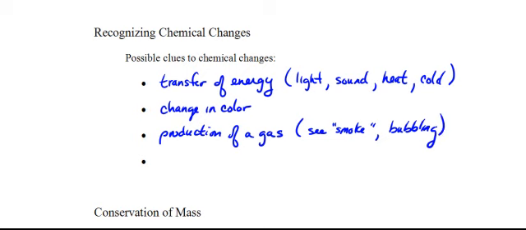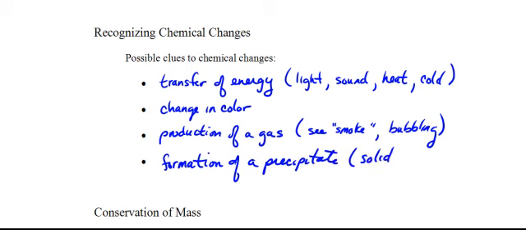And finally, you also have the formation of a precipitate. Now, all a precipitate is, is a solid coming out of solution. And you'll see what a precipitate is if you're not quite sure what we mean here. Basically, here, let me quick draw a picture.